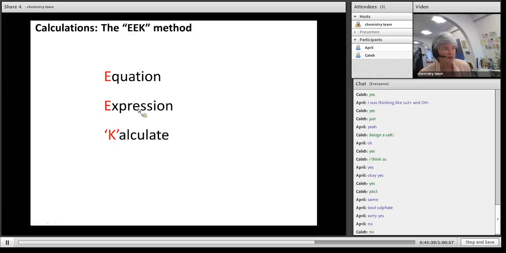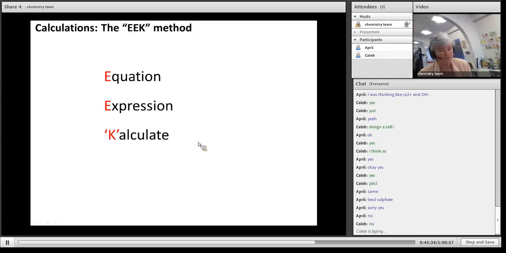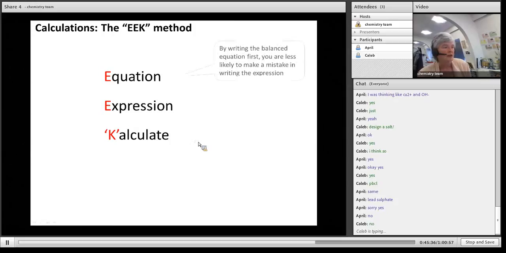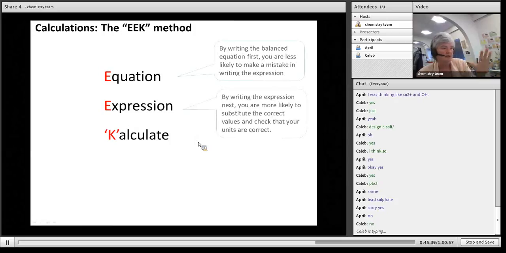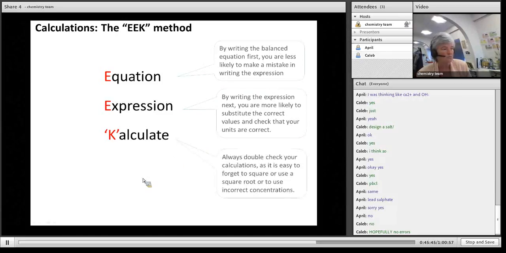When you've got the correct equation, you can have the correct expression, and then you'll be able to calculate with hopefully no errors. If you do this and you check your units and everything, you'll be correct. I put equation first because Q comes before X, and E comes before K. So it's always equation, expression, calculation.